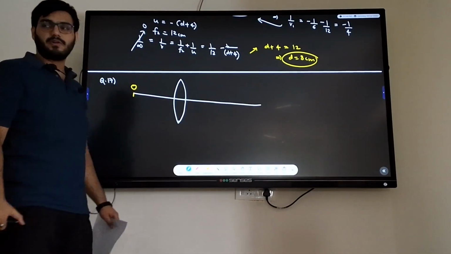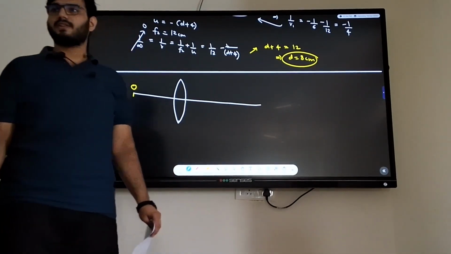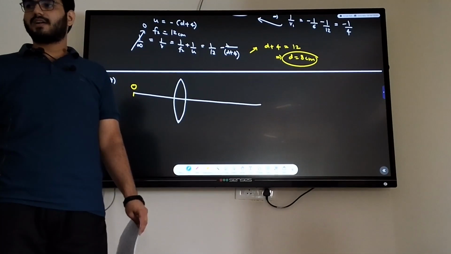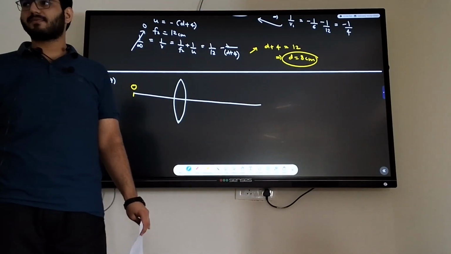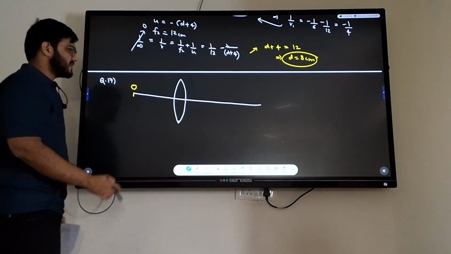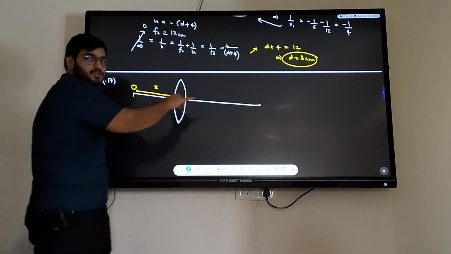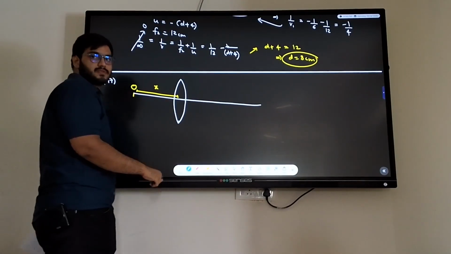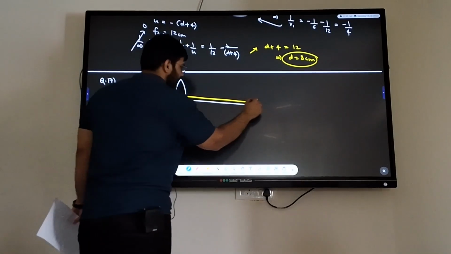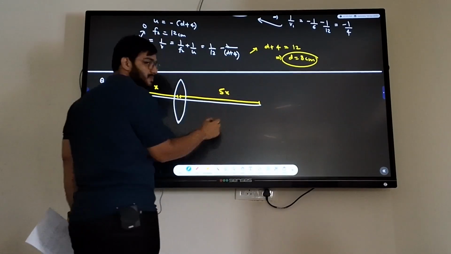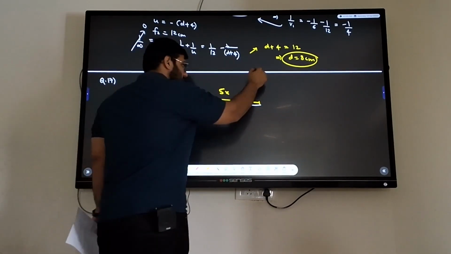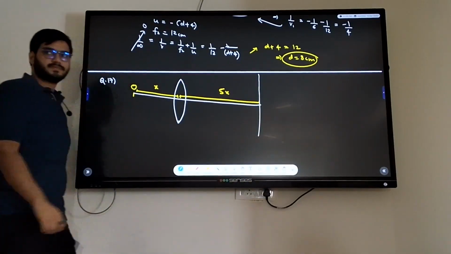Achha, if m is equal to 5, then what is the relation between v and u? At least mod v equals 5 times mod u, na? So if this is x, which is u, then what should be v? 5x, na? So where should I place my screen? Somewhere here to see the image.